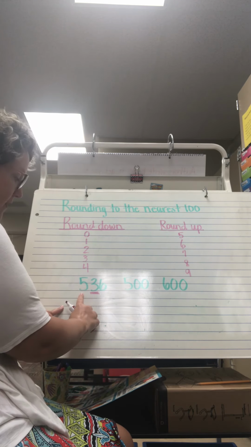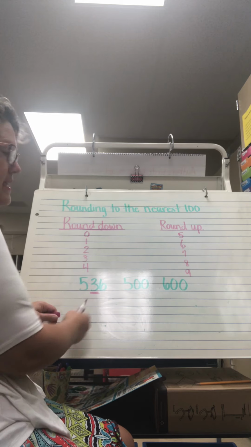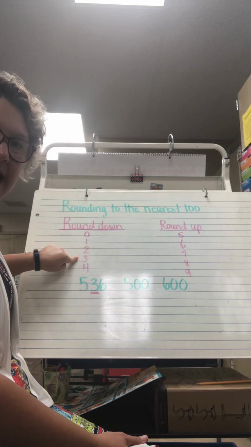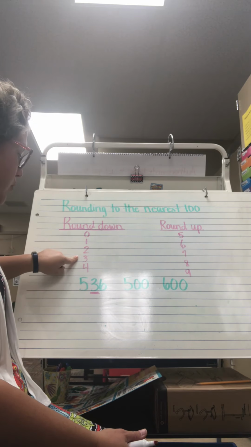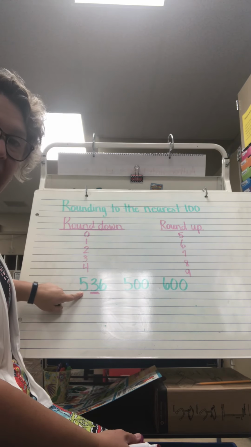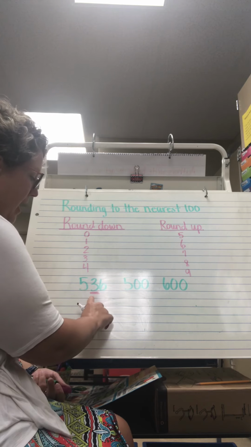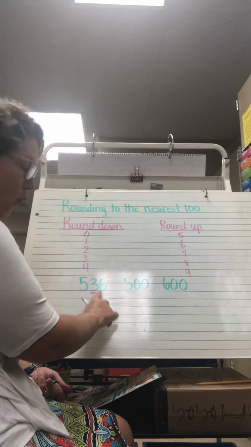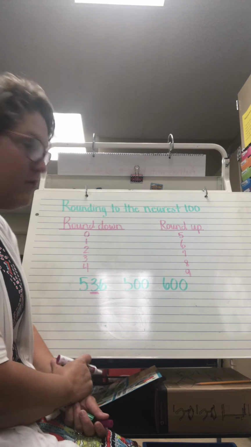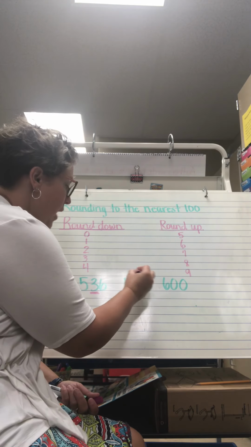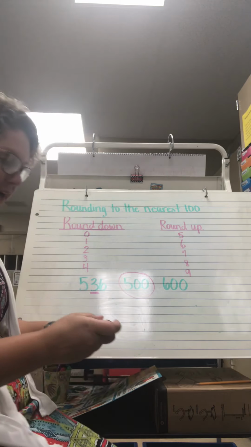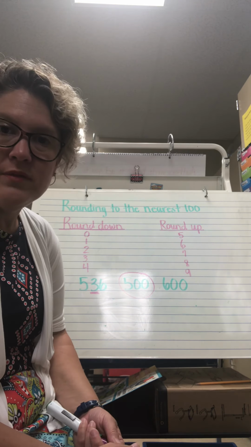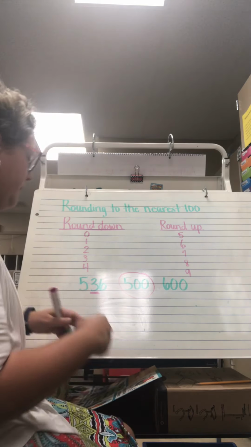I have a 5 in the hundreds, a 3 in the tens. If I refer back to my list, 3 in the tens means I'm going to round down. So my 5 is going to stay the same, and the digits in my tens and ones are going to turn into zeros. So I am going to round to 500. So 536 rounds down to 500.